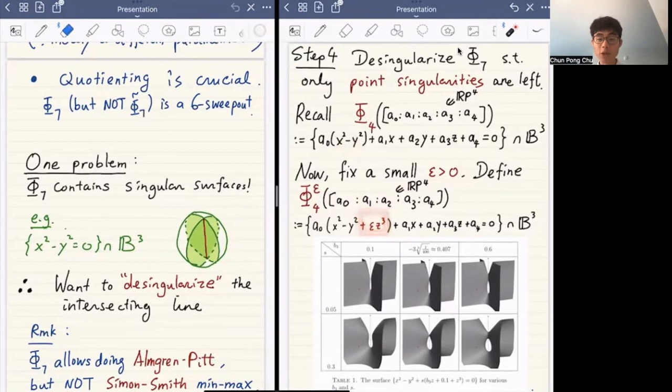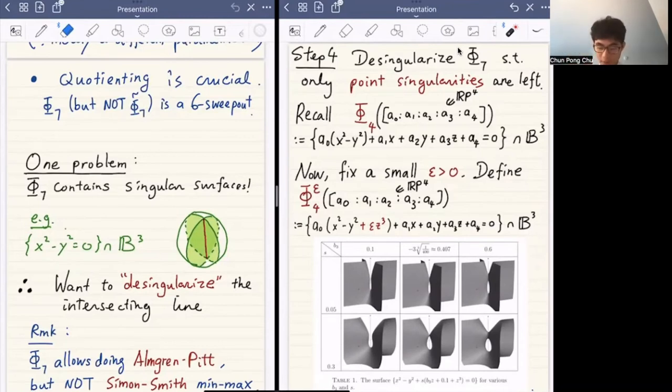Note that we inserted a term, epsilon z cubed, here. So it is no longer the set of all saddle surfaces. Instead, it's like a cubic surface, right? For a cubic surface, we may get a surface with genus 1 or genus 0.